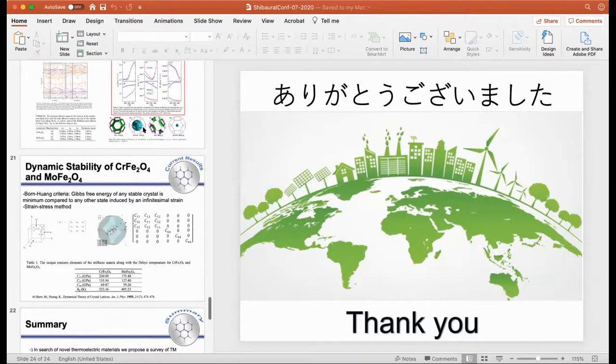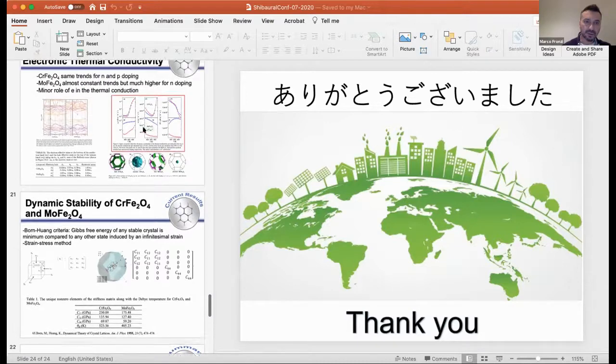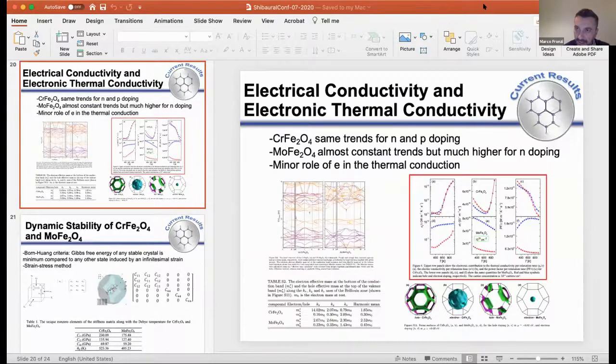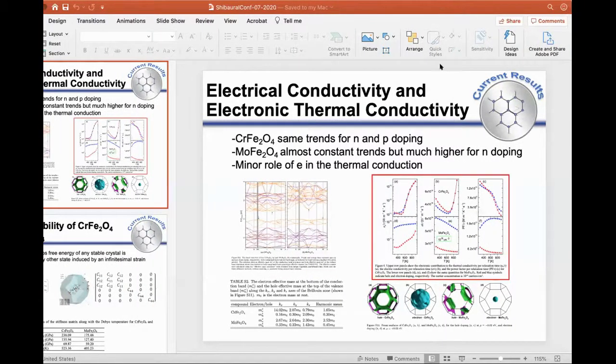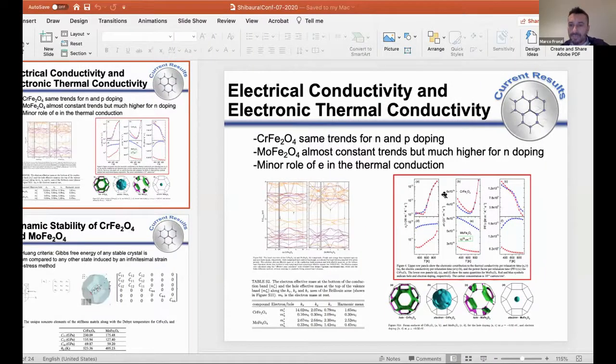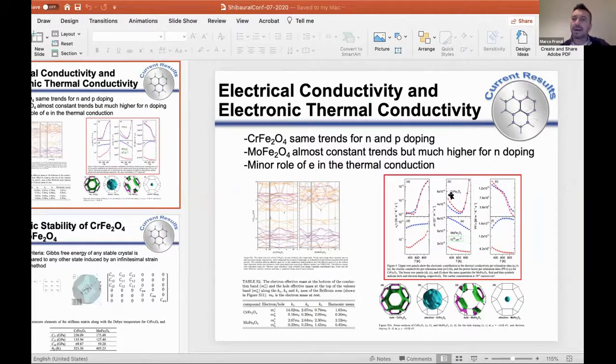The electrical conductivity has been calculated here. Can you still see my presentation? Yeah, sharing the screen, right? So the electrical conductivity is shown here in the panel highlighted in red.